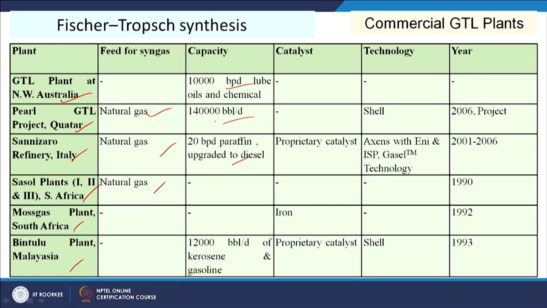These are very big capacities also, and they have used proprietary catalysts and some iron based, and the technology licensors are Shell, Axens with IFP, and GTL technology is also used in some cases. We also see that the plants are not very old, they started in the 90s and 2006 like this.